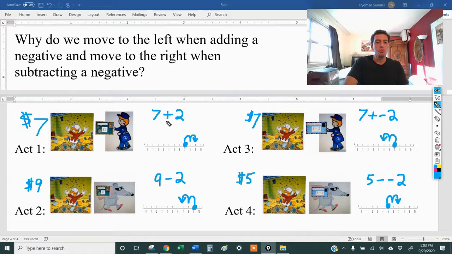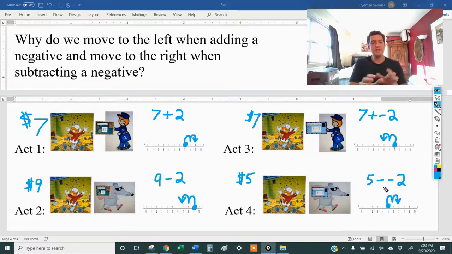Because when you receive something like a letter from your grandmother, which is positive, then your money goes up. When that letter from your grandmother gets taken away, then your money goes down. So you move to the left on the number line. When you receive a bill, your money goes down. Okay? And when a bill gets taken away, your money goes up.